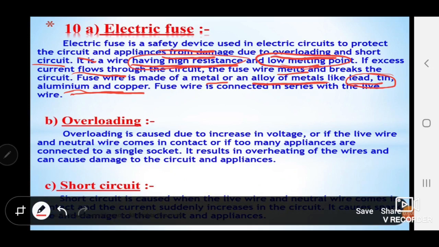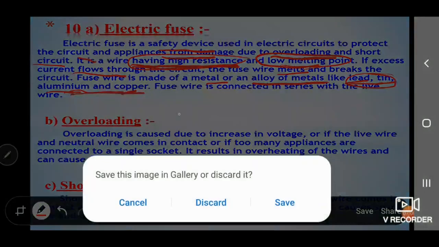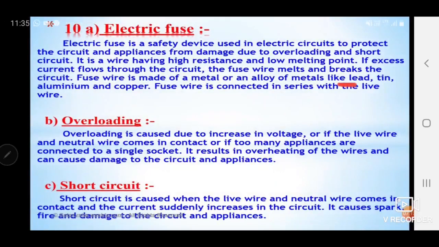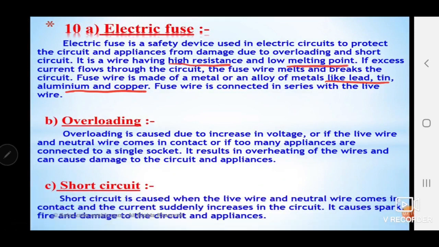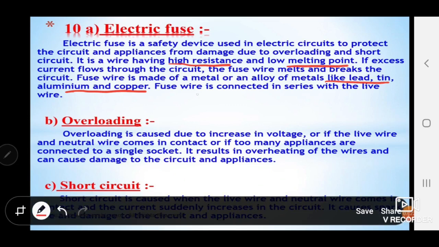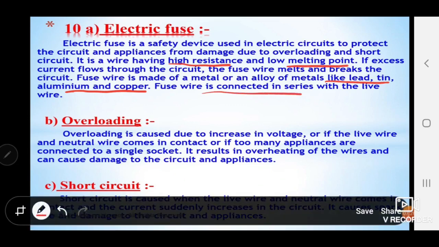Fuse is made from an alloy of lead and tin or aluminum and copper. It has high resistance, low melting point, and fuse is always connected in series with the live wire, the positive wire. So, these points are very important about the electric fuse.